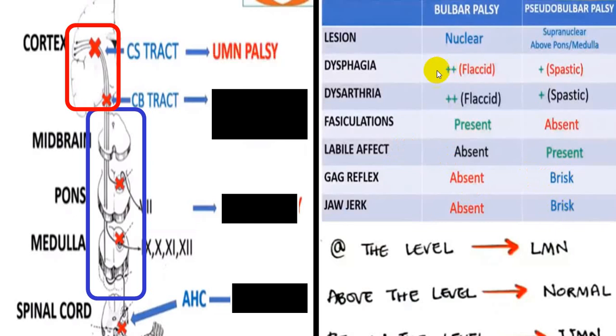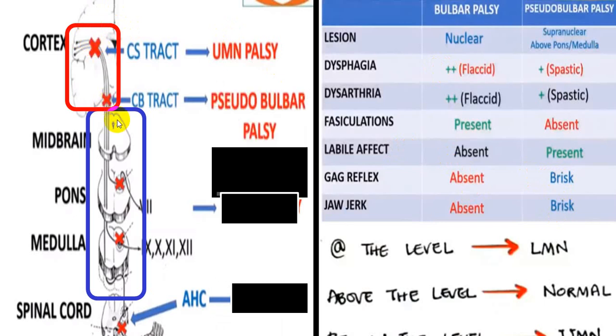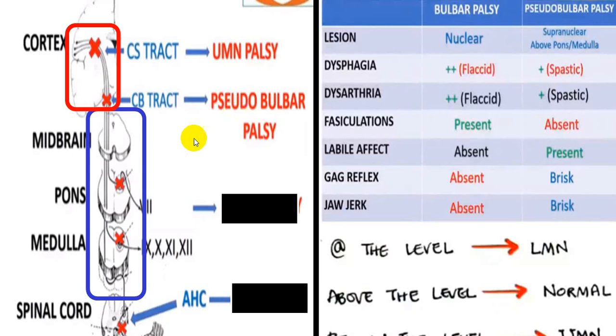So here you can see if you get damage in the cortex or corona radiata or internal capsule, it will be upper motor neuron. But with bilateral corticobulbar tracts involved, you will have a pseudobulbar palsy. Midbrain lesion, pons and medulla, we call a bulbar palsy. So if you get that, that will be lower motor neuron.